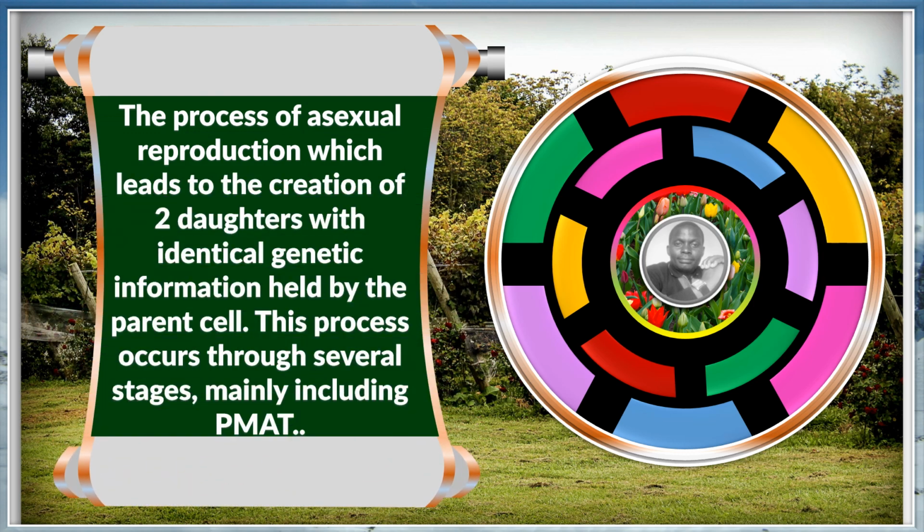The process of asexual reproduction, which leads to the creation of two daughters with identical genetic information held by a plant cell.